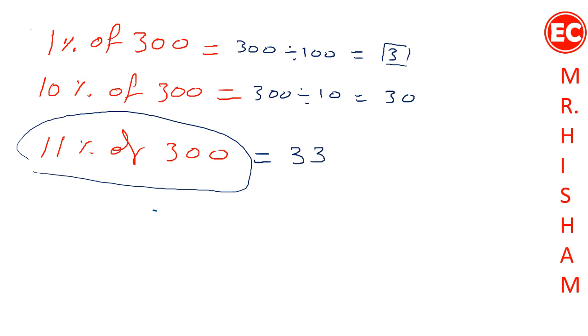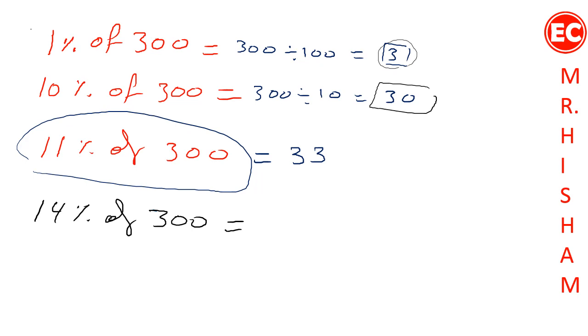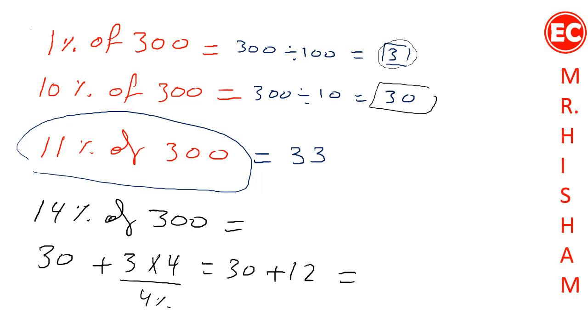But what if I want to find 14% of 300? We know that 10% is 30 and 1% is 3. So 30, and 1% we multiply by 4, so I get 4%. So it's 30 plus 12, which is equal to 42. So 14% of 300 is 42.